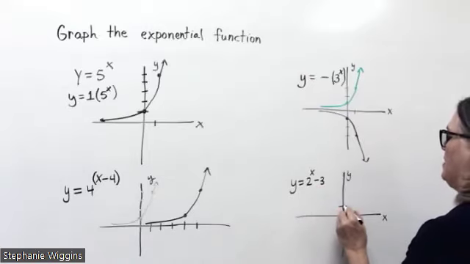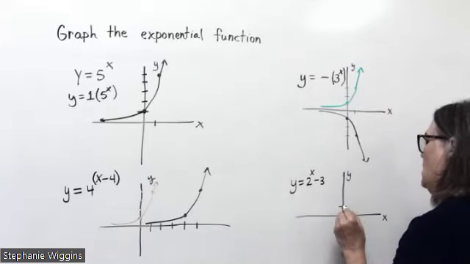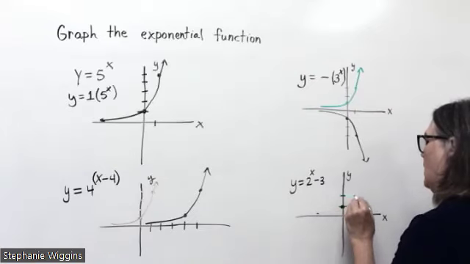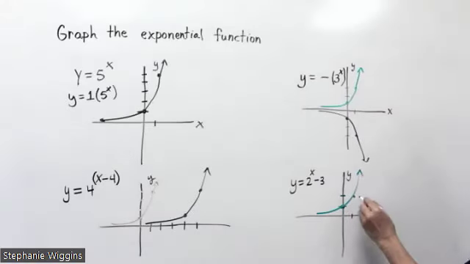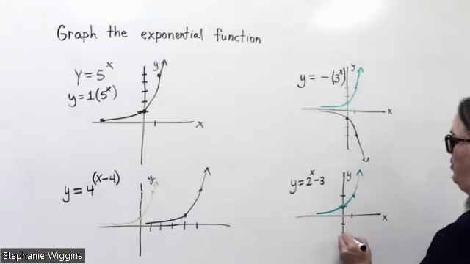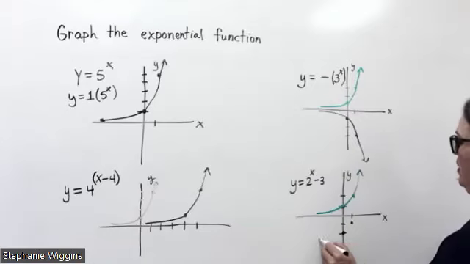So here is our, let me do it in green. Here's our basic function 2 to the x. And now we're going to shift it down 3 units. So this point, 1, 2, 3, is going to be right here. And this point, 1, 2, 3, is going to be right here.